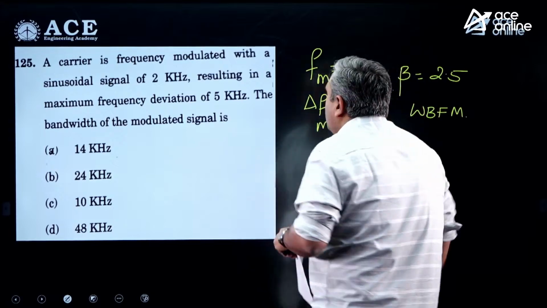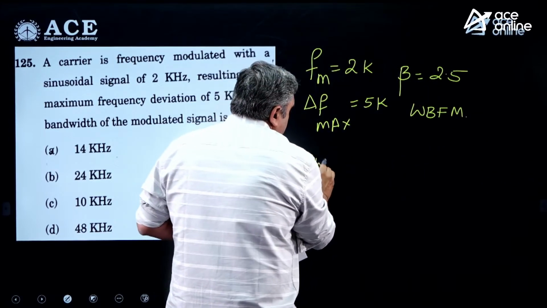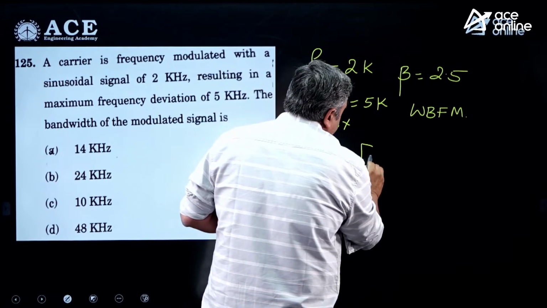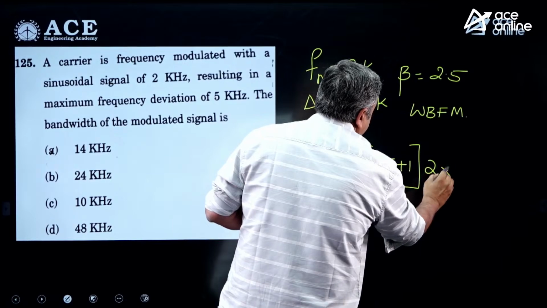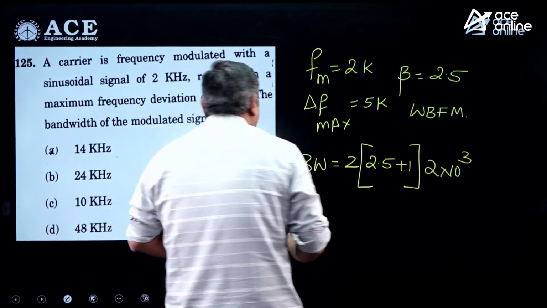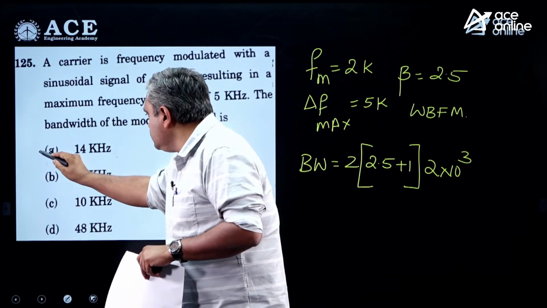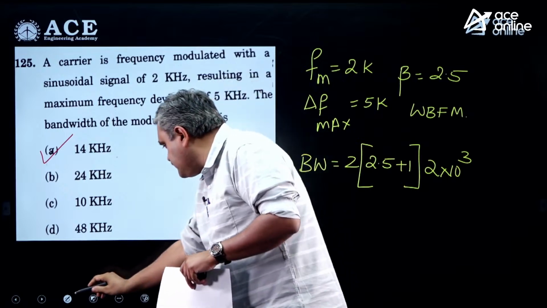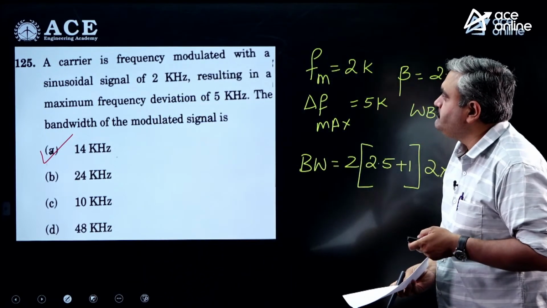Confirm. Now what is he asking? What is the bandwidth? Bandwidth is what? 2 into the value of this beta plus 1 into maximum frequency of your message signal. So 3.5 into 2 is 7, 2 is 14 kilohertz. So your right choice should be option A. Just confirm whether it is a narrowband or wideband, that is enough. You can go with that option.